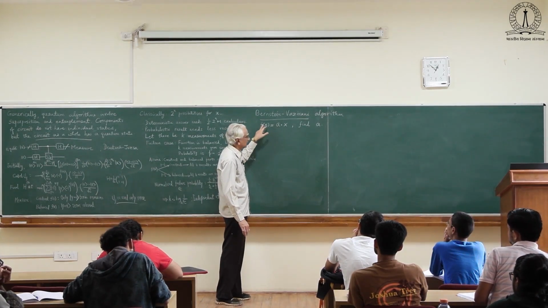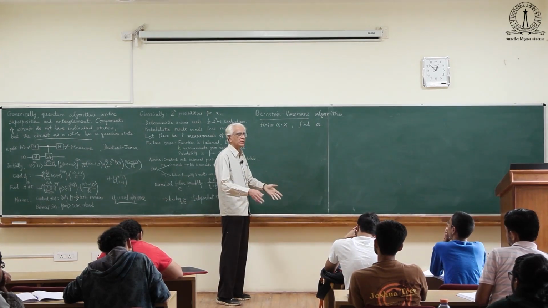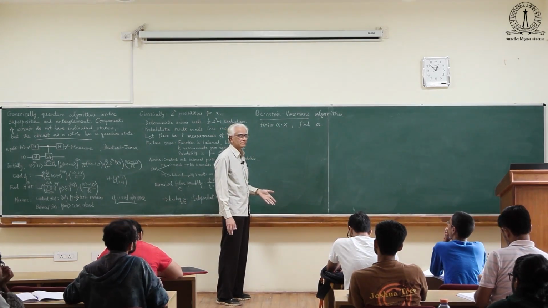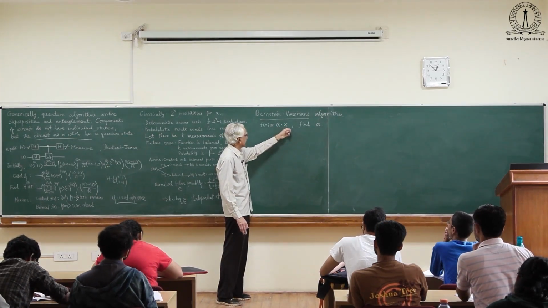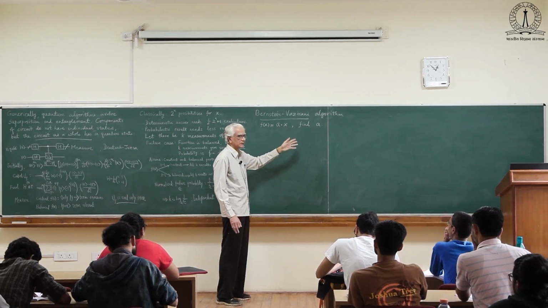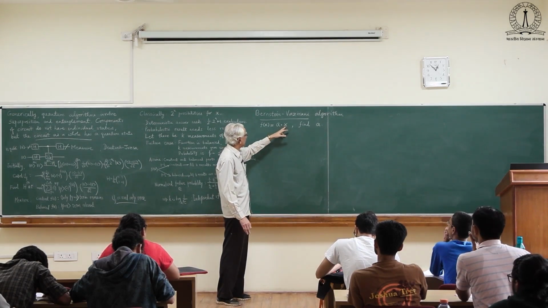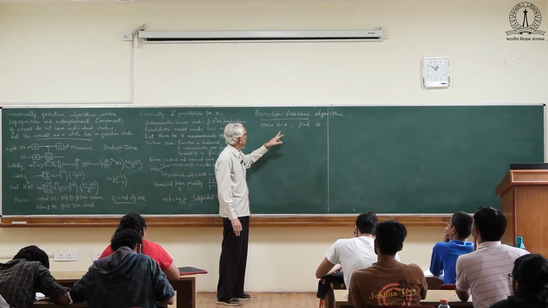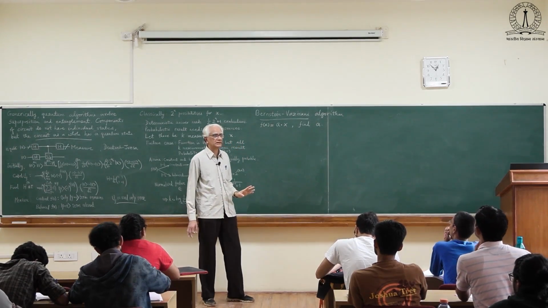Remember, this is all done in binary language, and so the dot product is evaluated with modulo 2 addition. And you have some simultaneous equations: a dot x1 is equal to some value, either 0 or 1, a dot x2 is equal to again some value 0 or 1, and you have inserted specific values of x's. The job is to find a, so it's exactly a problem of solving simultaneous equations.